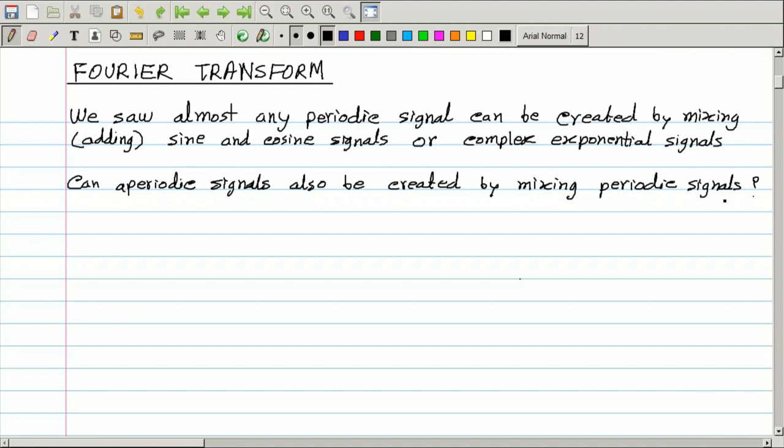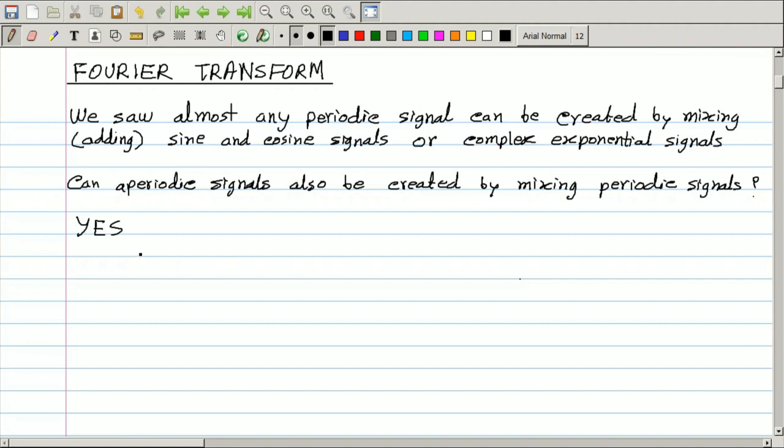Apparently, the answer is no, because it looks like if we add 100 or 1000 periodic sine, cosine or exponential signals, the result will also be a periodic signal. But actually the answer is yes. It is possible to create even aperiodic signals by mixing periodic sine, cosine or exponential signals.